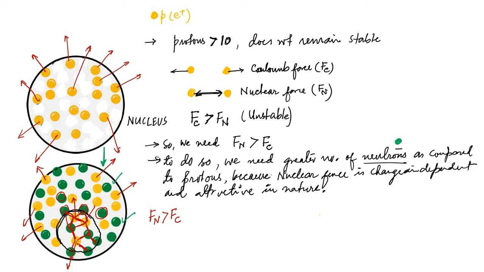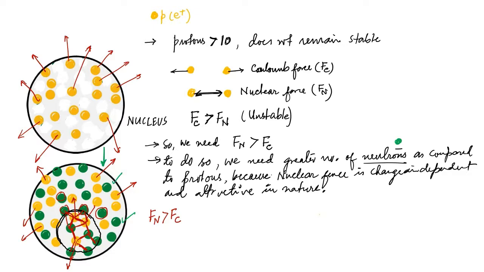So if we have more protons, the Coulomb force becomes more dominating than the nuclear force. In order to balance the system, the nuclear force has to be greater than the Coulomb force, and it will be greater because we have more neutrons.